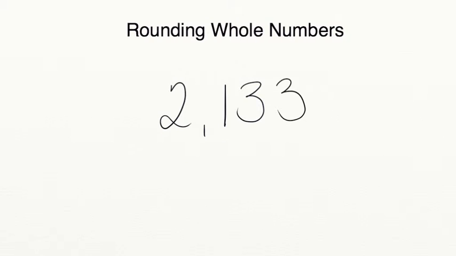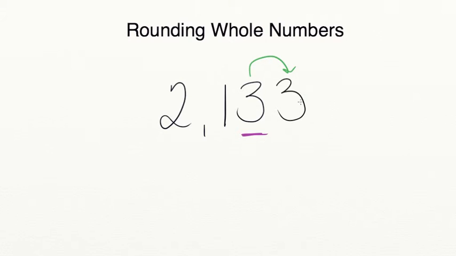Let's look at another example together. We're going to round 2,133 to the nearest tens place. Step 1. Underline the place value that you're rounding to. So let's underline the tens place. Step 2. Look at the number directly to the right of the place value that you underlined. Step 3.